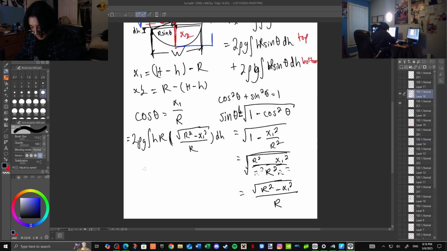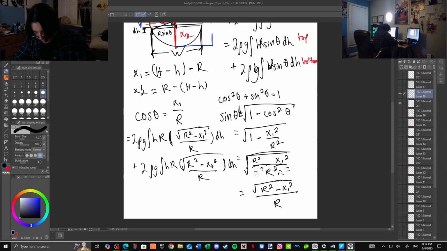And the same thing can be done with the bottom half: 2 rho g little h times the square root of r squared minus x2 squared, all over r, times dh for the bottom half.